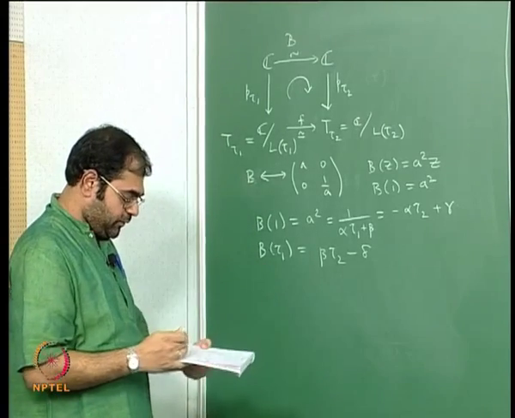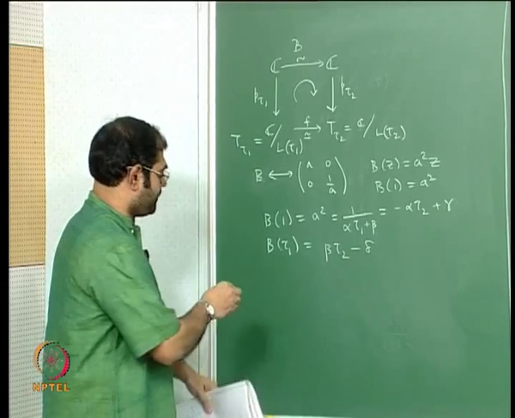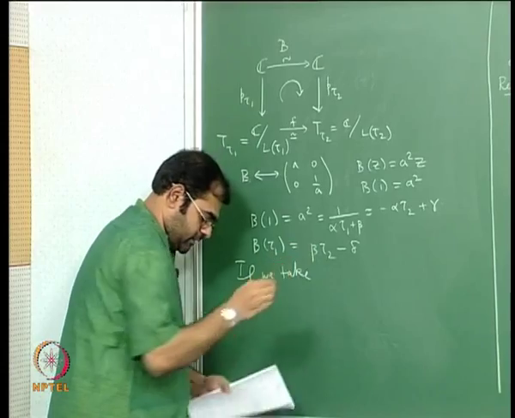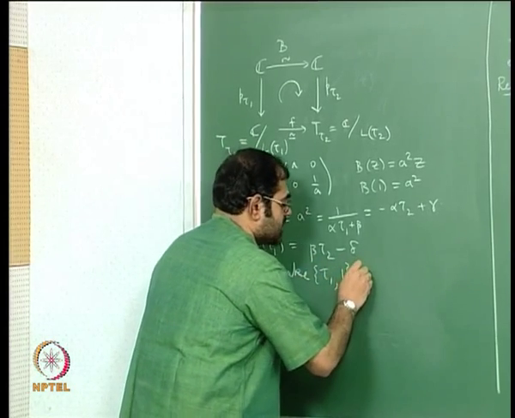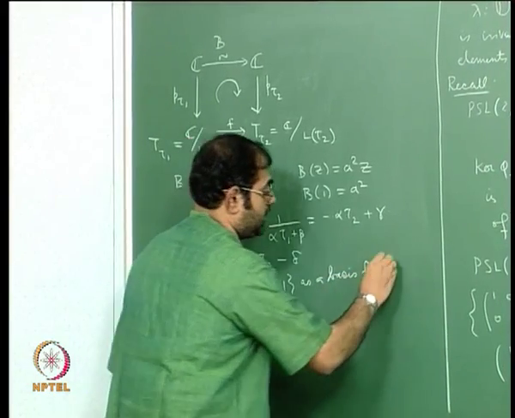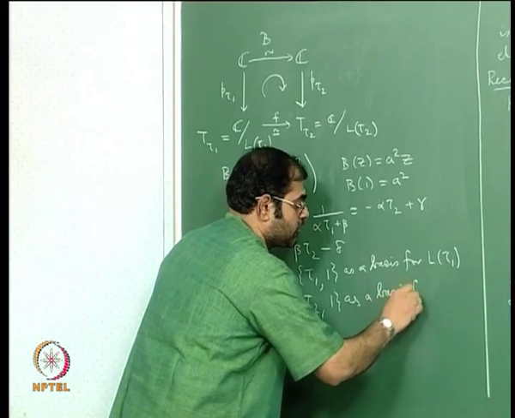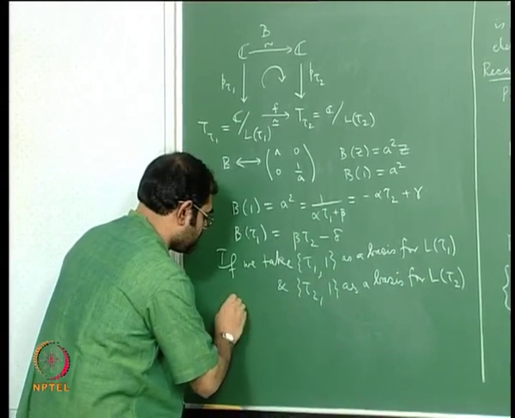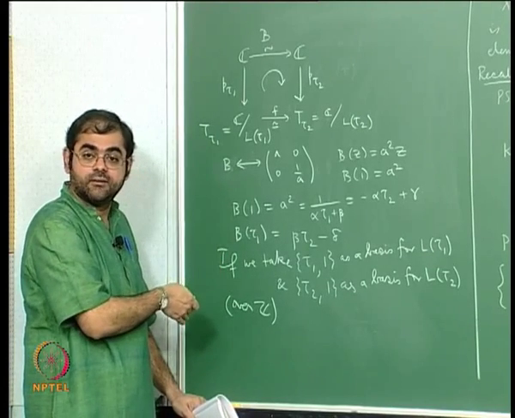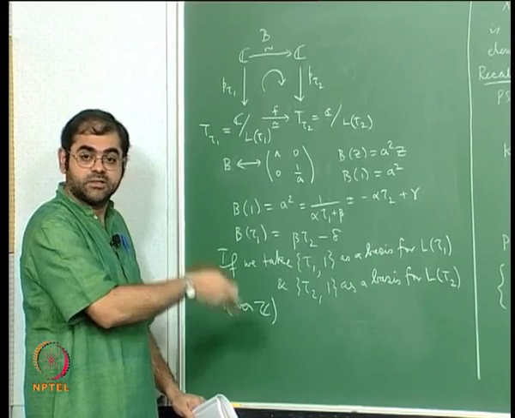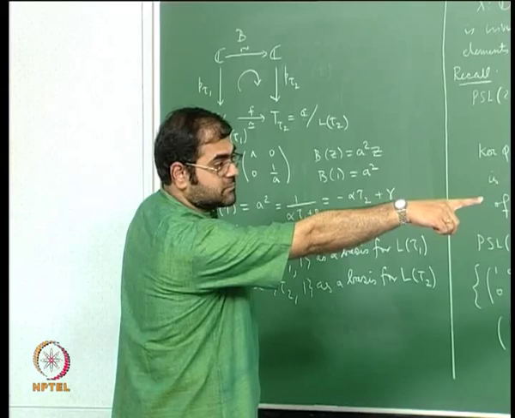So now you see, what is the point? The point is, if we take tau 1 and 1 as a basis for L tau 1, and tau 2 comma 1 as a basis for L of tau 2, all over Z, okay, then if you restrict B to L tau 1, you get a bijective map onto L tau 2, which is a Z module map, and if you write the matrix of that map, that matrix is related to this unimodular matrix in PSL2C.